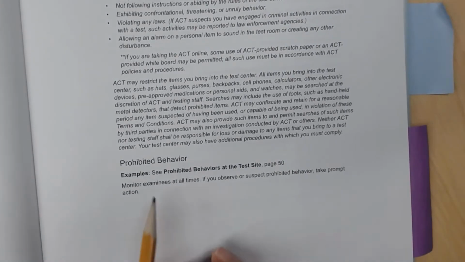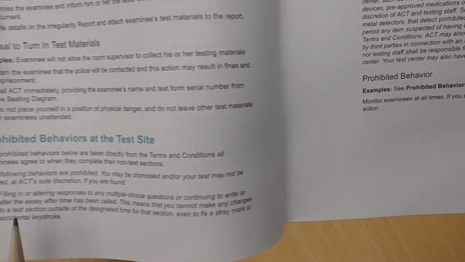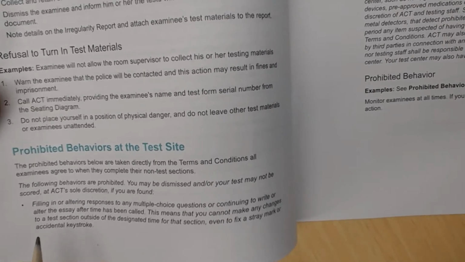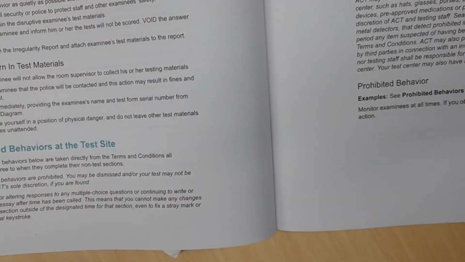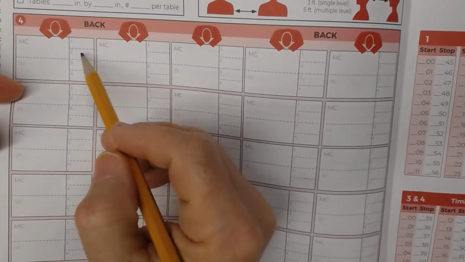Okay, so now if you notice a prohibited behavior, and again, this one usually occurs, because remember, one of the things you have to do in the room report is fill this part out right here.